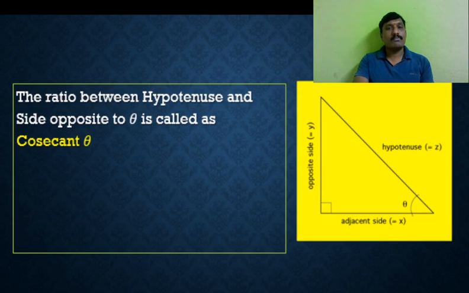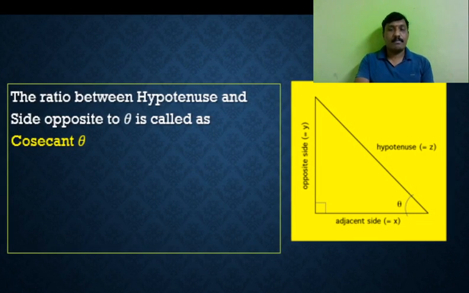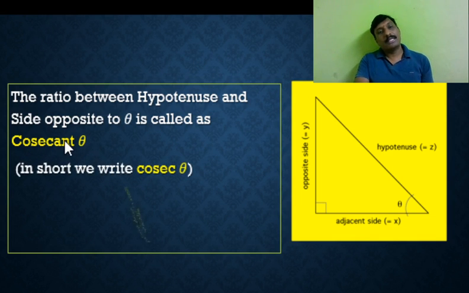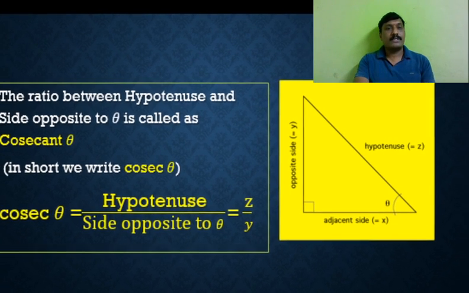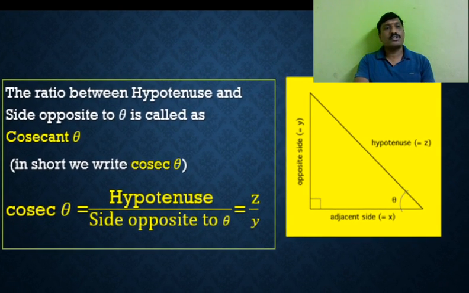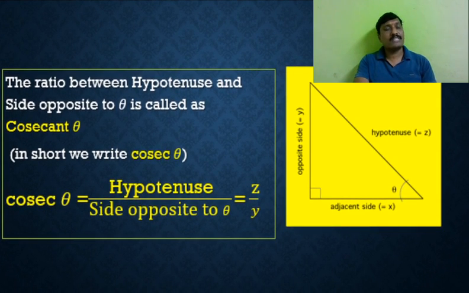In short form, we call it cosec theta. Once again, mathematically we can write it as hypotenuse by side opposite to theta, called the cosecant theta. In short form, cosec theta.